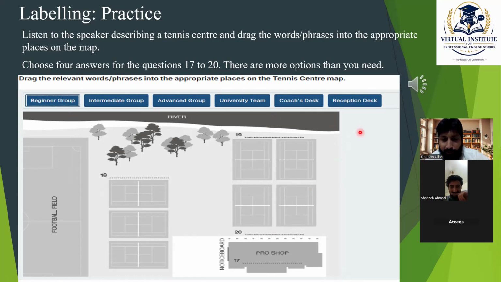Excellent. Yes, reception desk. You know, when the speaker was talking, he said that if you cannot find which group you belong to, you can just visit our reception desk, which is inside the shop, right? So inside the pro shop, we have what? We have a reception desk, right? Now, question number 18. Which group should go there?